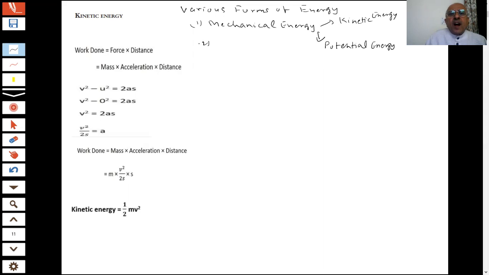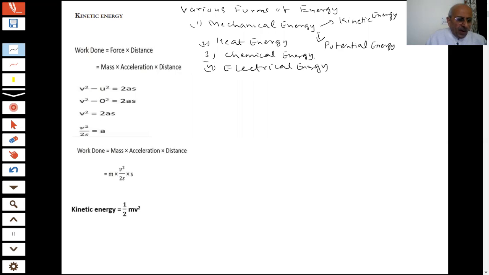Besides this, there are other forms: heat energy, chemical energy, electrical energy, light energy. You are all using different forms of energy.